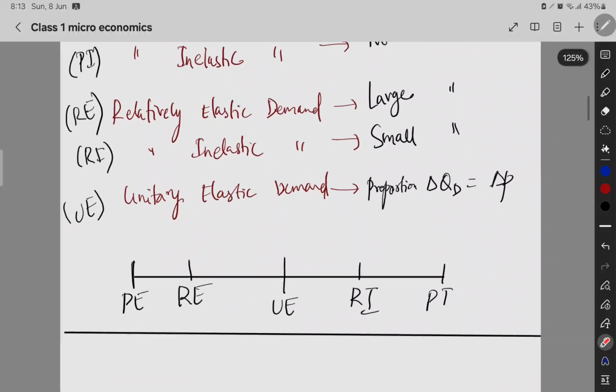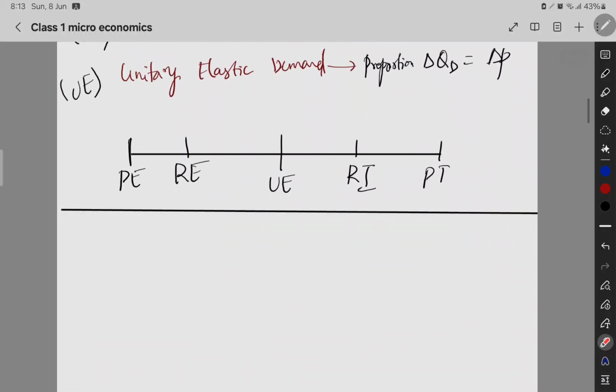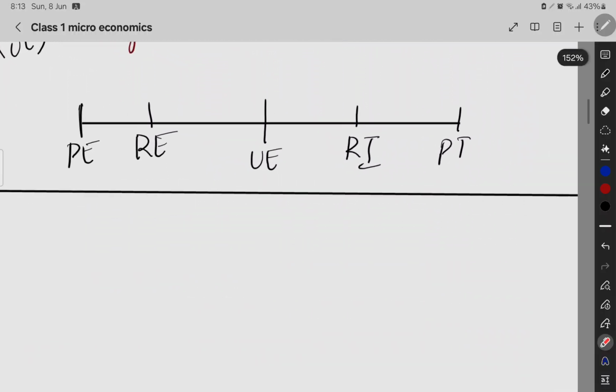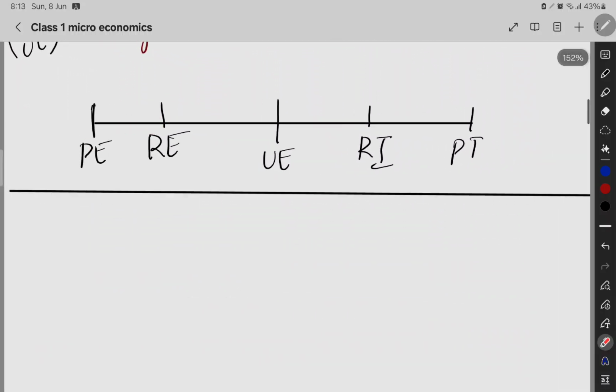Now see, I am plotting a curve. When I plot a curve, I clearly get to know that my extreme points will be perfectly elastic and perfectly inelastic. Why? Because this is an infinite change in quantity demanded or supplied with respect to price. Perfectly inelastic means there is no change in quantity demanded with respect to price.